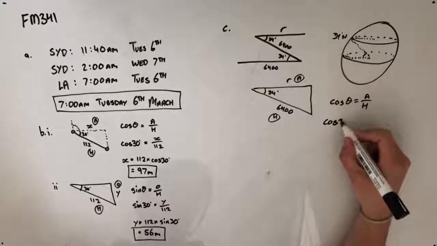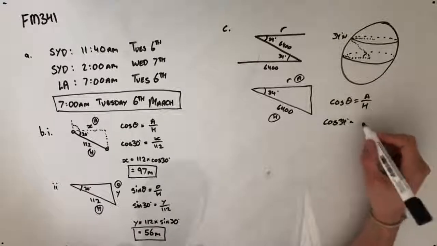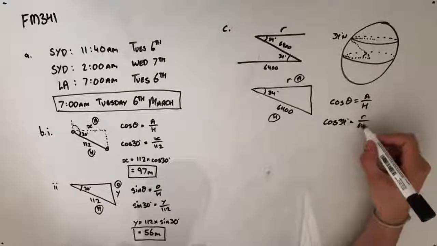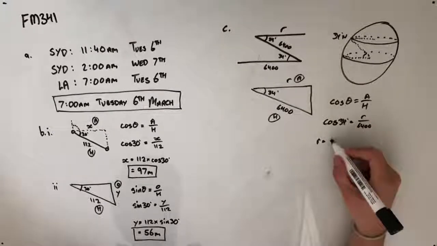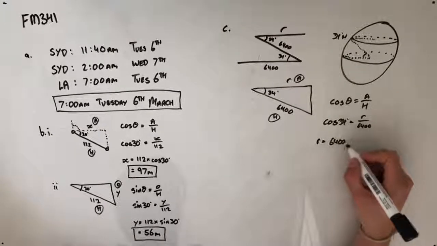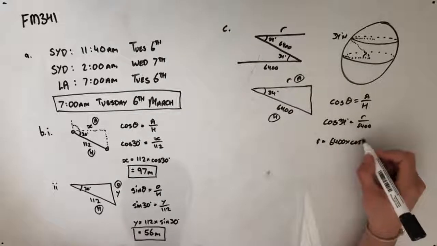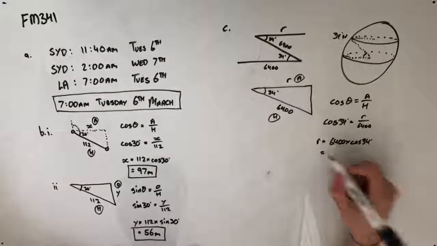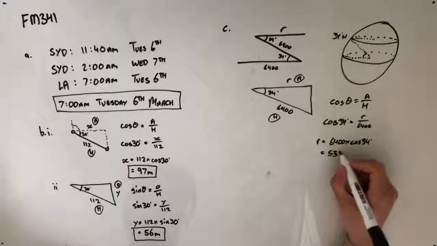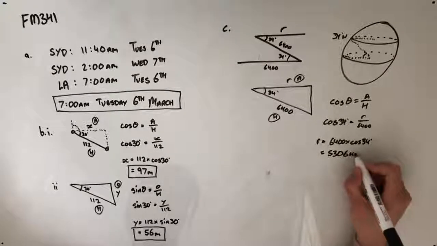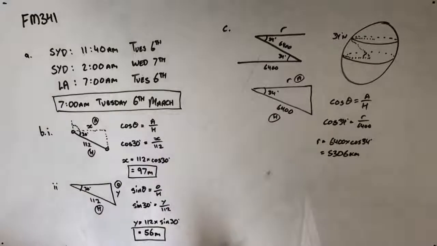Substituting our known values, we should get cos 34 degrees is equal to R over 6,400. So R should be equal to 6,400 times cos of 34 degrees, which if you plug that into your calculator, should give you an answer of 5,306 kilometers if you round to the nearest whole kilometer.